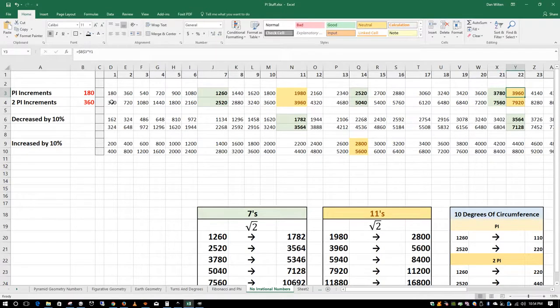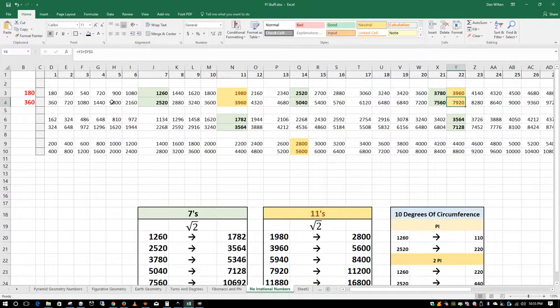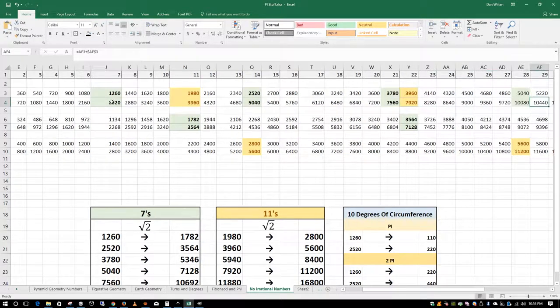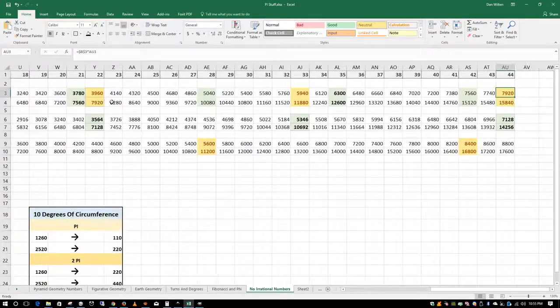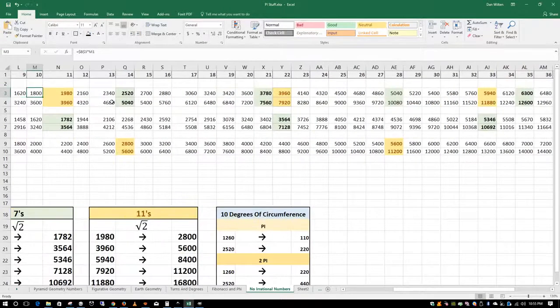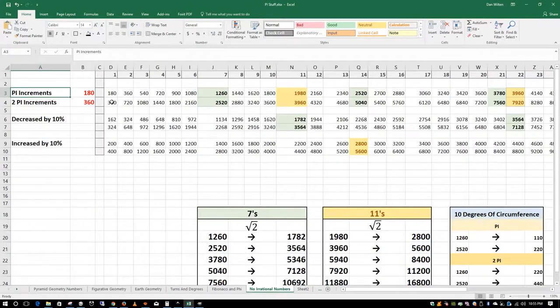And when we get to 22, we actually get the radius of the Earth. If we use the 2 pi increments, then right here at 22 we get 7920. So 2 pi, the pi increments, is what we actually want, because we want to show 7920 as 2 pi, which means 22 would represent pi, 11 would represent pi over 2, and so on and so on.